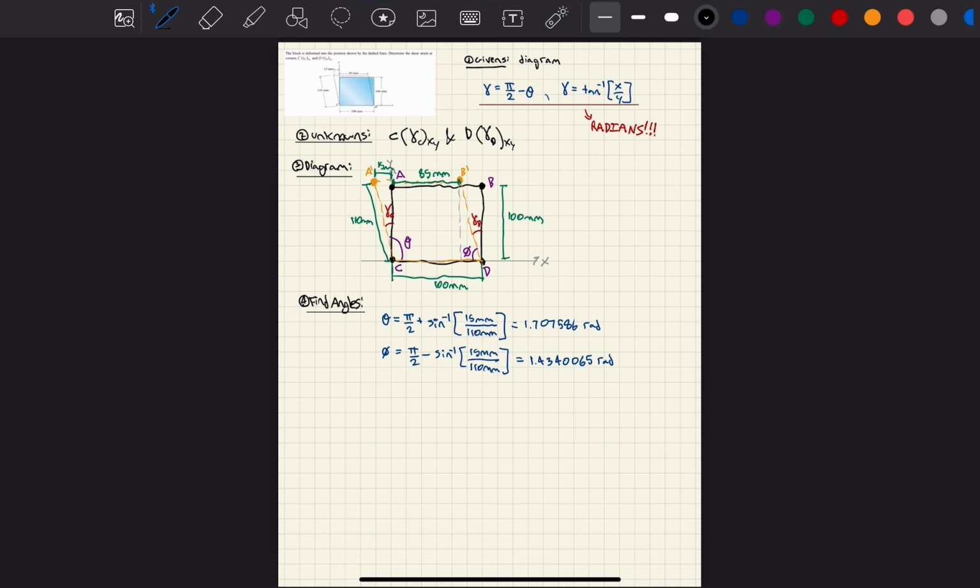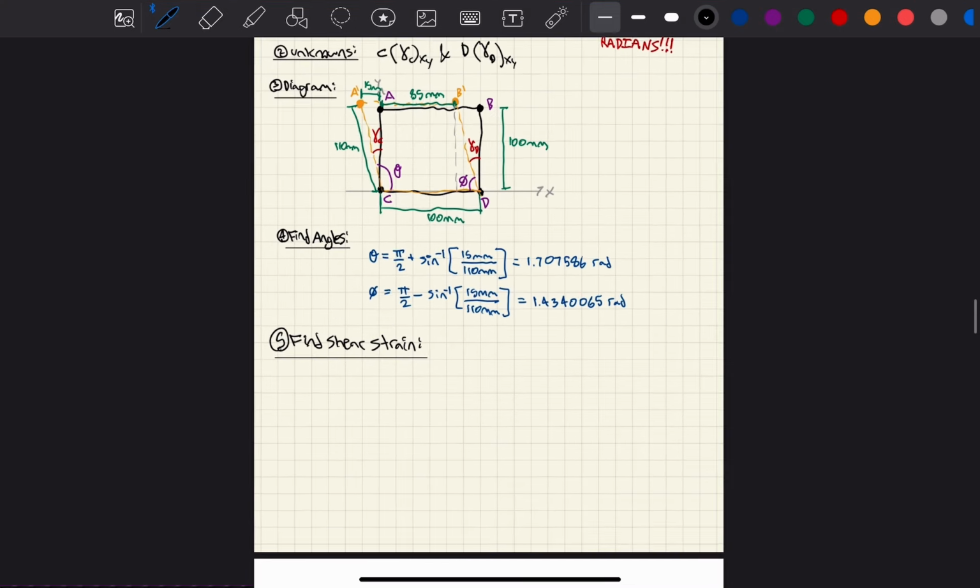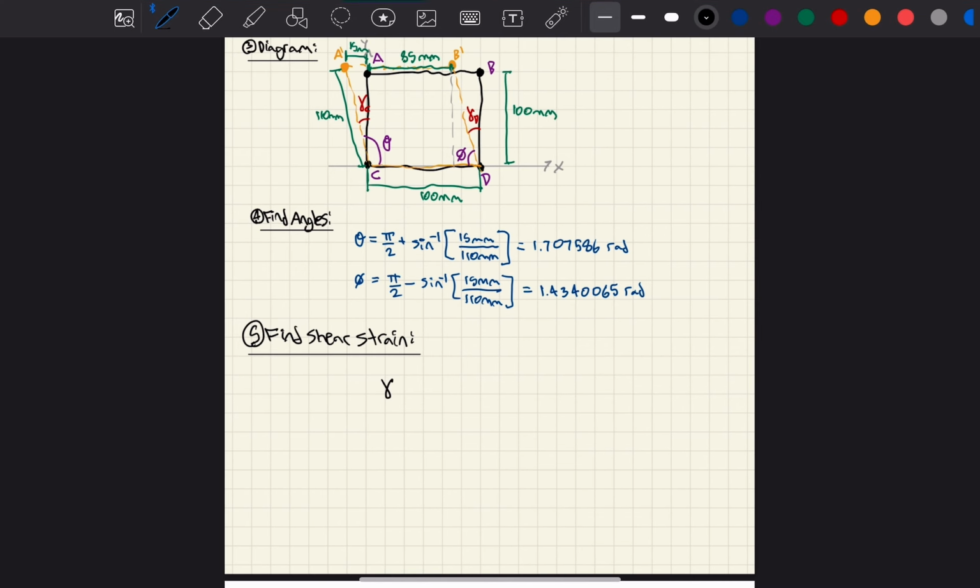Okay, let's do that. Number 5, we're going to find shear strain. From the formula above, or even just trigonometry, at corner C it's simply equal to theta minus pi over 2, my bad.